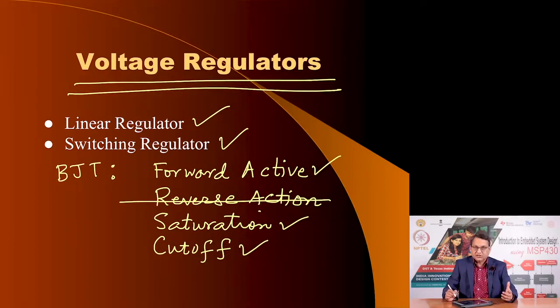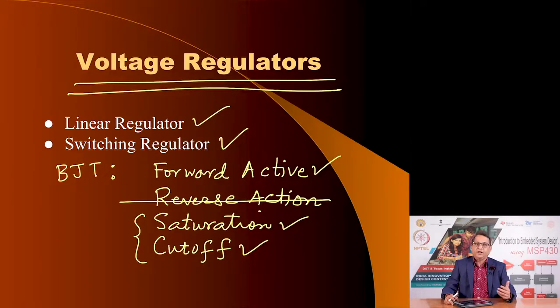Now, such circuits in which the transistor primarily operates in the forward active region lead to the class of regulators that we call linear regulators. On the other hand, if you do not want the transistor to operate in the forward active region, you could operate it in the switching region using saturation and cutoff.